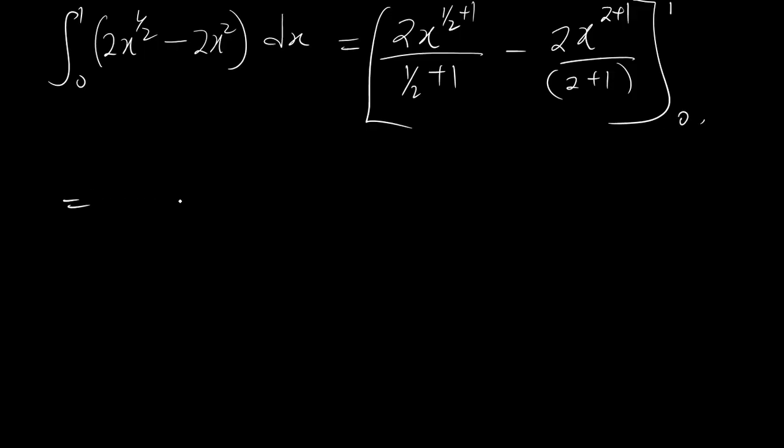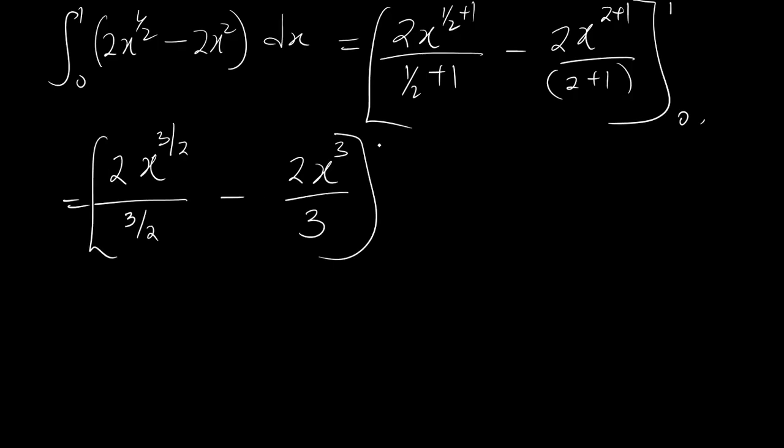So we now have 2 raised to power 2 times x raised to power 3 all over 2 divided by 3 all over 2 minus 2 times x raised to power 3 divided by 3, 1 and 0.